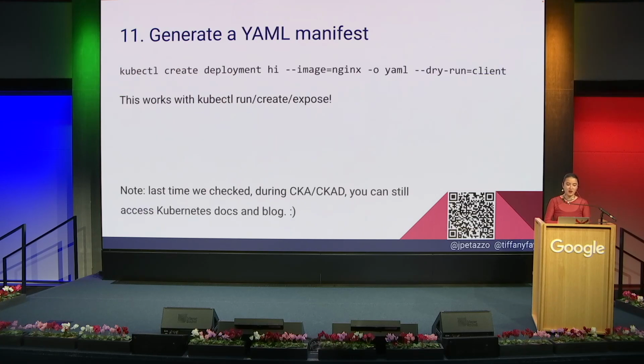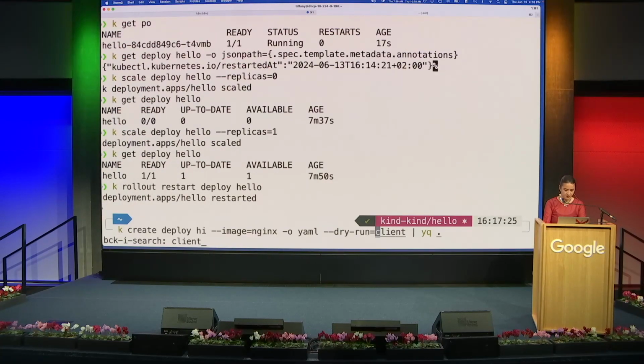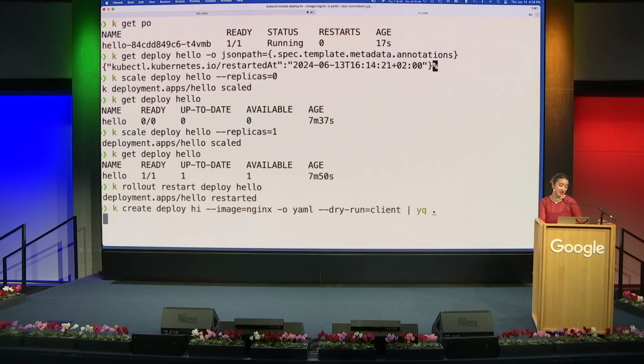So one of the options is to do dash o yaml, and dash o yaml along with dash dash dry-run=client. So if we go back over here, and I also like using yq because I like colors and being able to see things a little bit better.